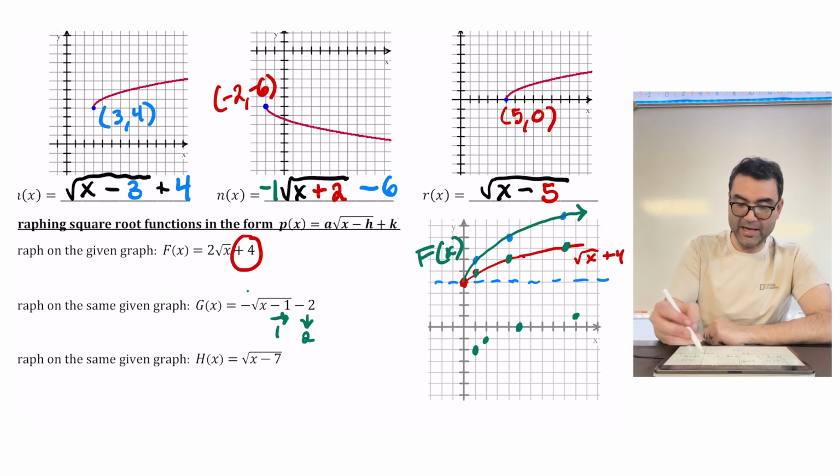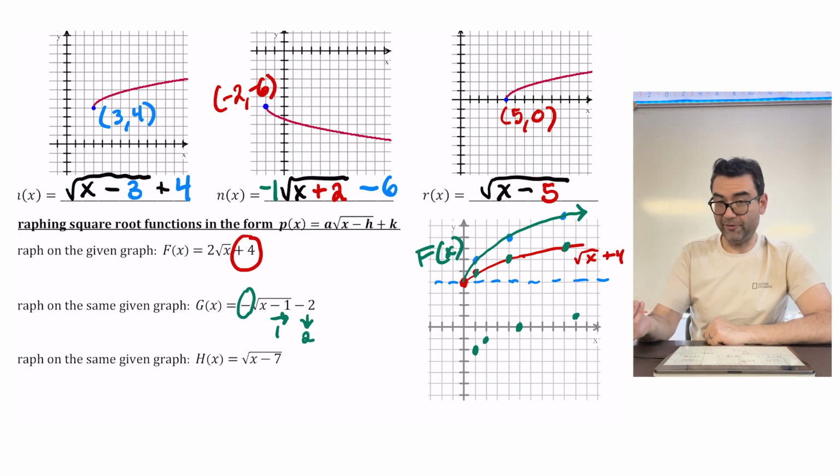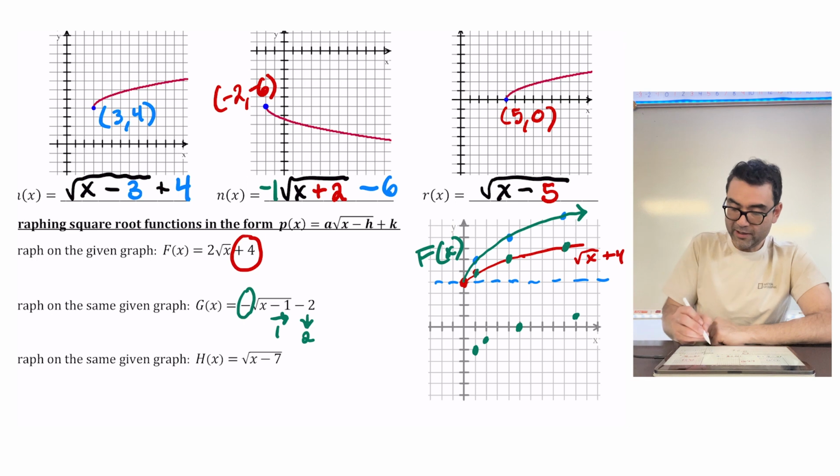But since it has a negative value in front, right, a negative, it's just going to do an x-axis reflection. Again, before the shifts, so think of it, if this was the x-axis before the shifting, all the points would reflect upside down along that axis there. So these would be across the axis the same distance.